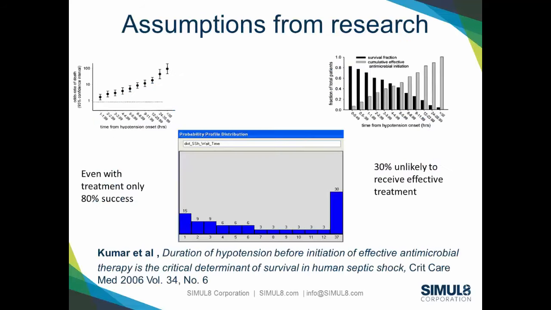So again, using research assumptions, we knew from the assumptions of this particularly useful study that 30% of patients are unlikely to receive effective treatment. So we created a probability distribution based on that research, which shows survival and the likelihood of people surviving the onset of sepsis from that.